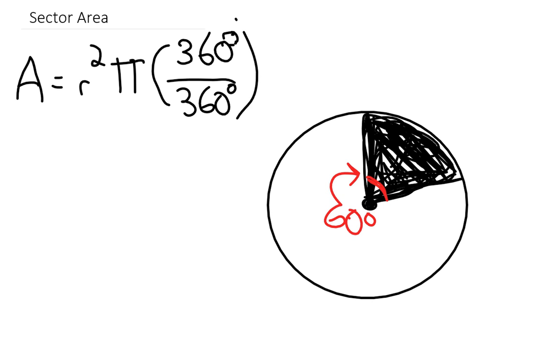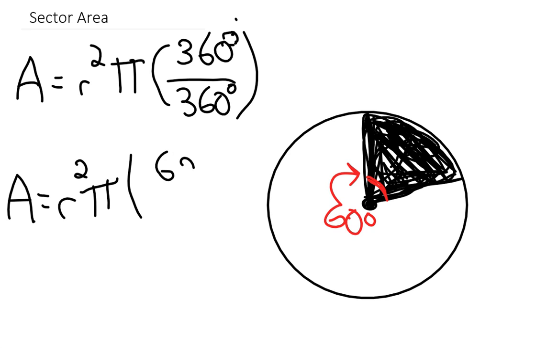What we're going to do with a sector now is change that, so we're no longer taking the whole 360 degrees. So when I'm finding the area, I still take my radius squared, I multiply that by pi, and then instead of taking all 360 degrees, I only want to know what 60 of that 360 degrees gives me for the area of that sector.